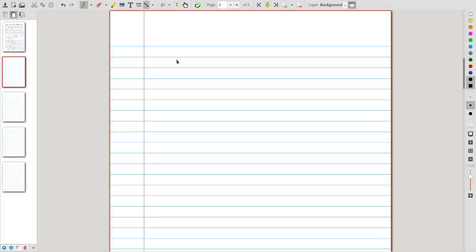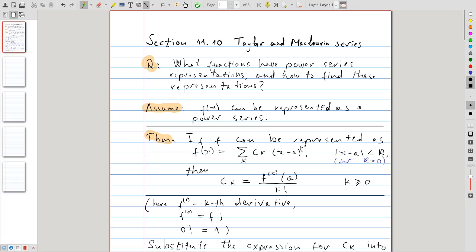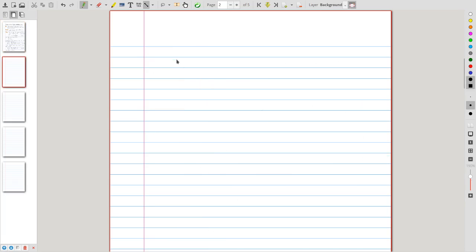A very important point we must emphasize before proceeding on to examples and the justification of the statement of the theorem is the following.